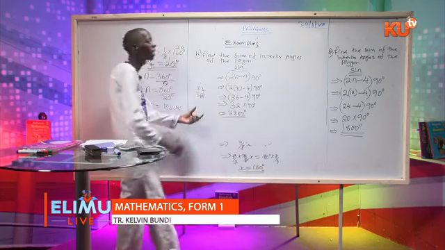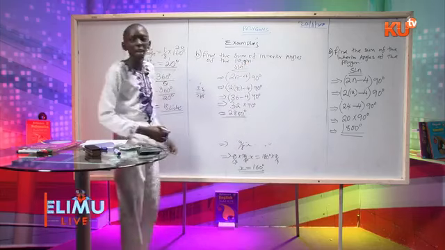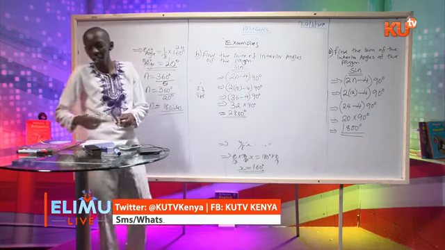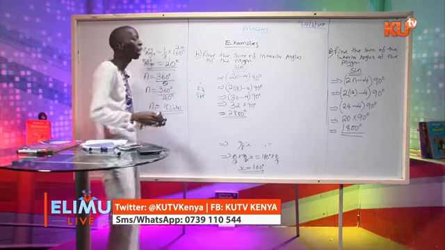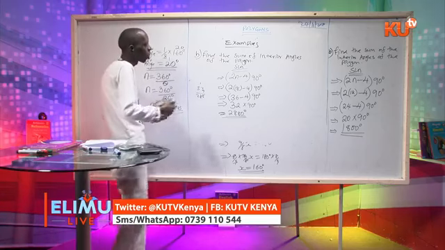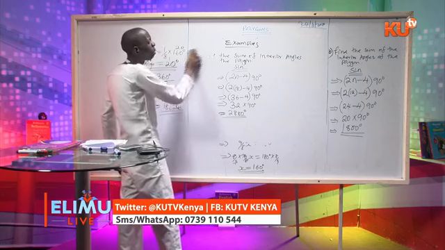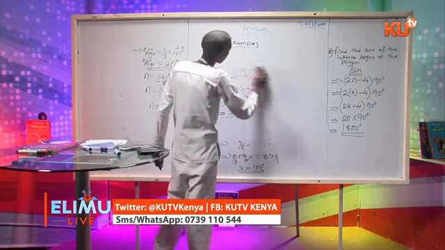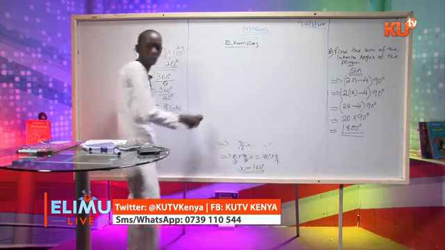That is the sum of the interior angles of this polygon. That is example 2. I believe that we are moving on smoothly. Once you understand those examples, even in KCSE, you'll be able to tackle such a question. This is an interesting topic, and it is highly examined.